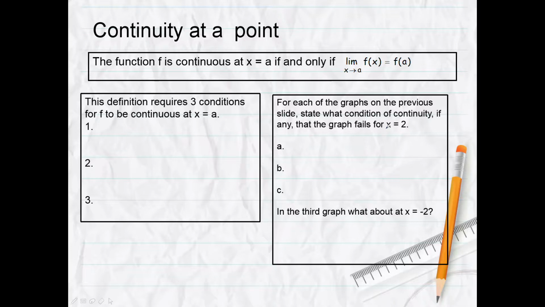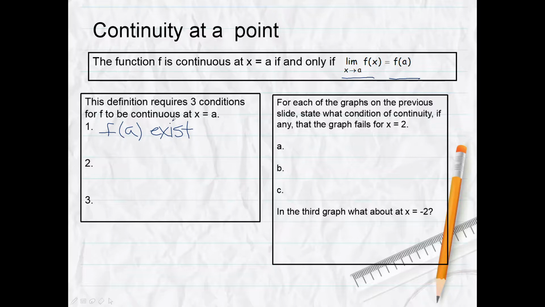All right, so for a function to be continuous, we have to have the limit equaling the function value. This actually requires three things to be true. First of all, the function value has to exist.